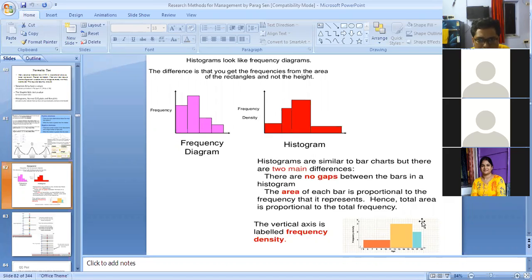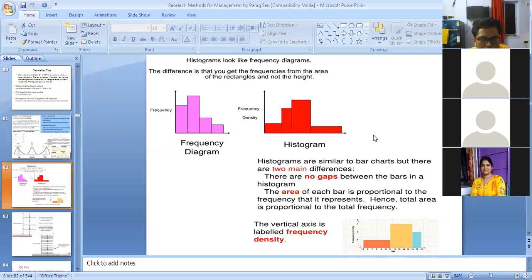Because suppose you are taking intervals for the height of students, from 140 to 150, then 150 to 170, then 150 to 160, then 160 to 180. If you look at this histogram, these ranges can be anything. It's not like the ranges will be equal in all cases. The ranges can be different.